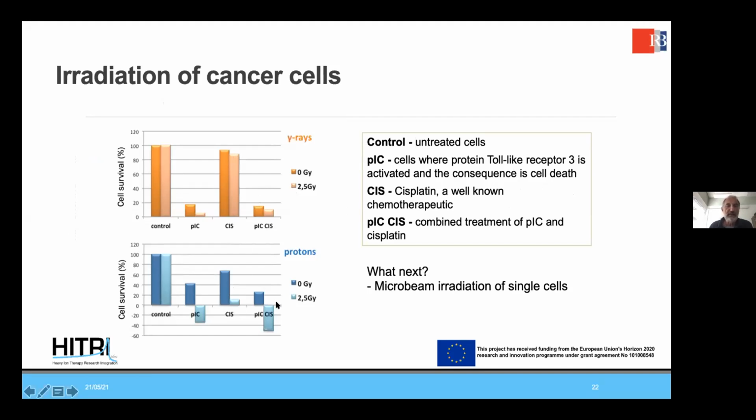And these groups are both irradiated and chemotherapy. So a combination of treatment with irradiation and cisplatinum provided better effects, and also protons in this case, compared to gamma rays, were shown to be better than gamma rays, which was quite encouraging.